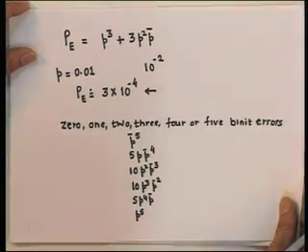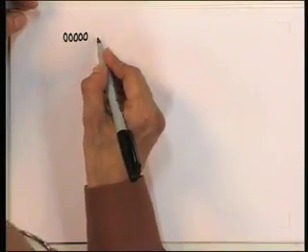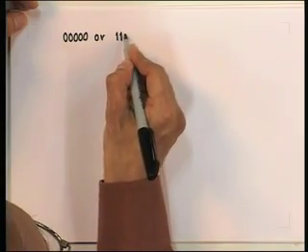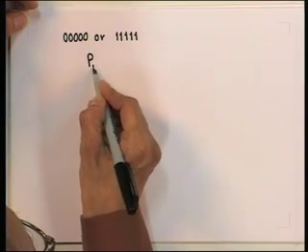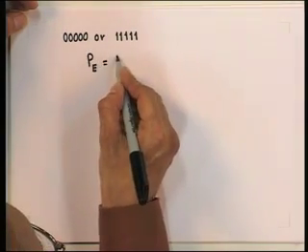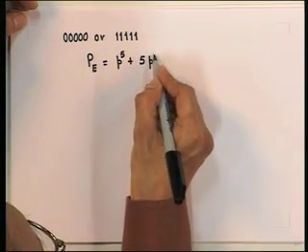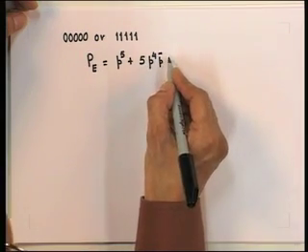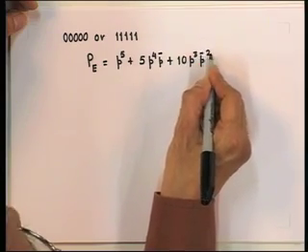If we again use a majority rule, that is the maximum likelihood decision rule, to decide whether 0 0 0 0 0 or 1 1 1 1 1 was transmitted, we obtain a probability of error P e equal to P^5 plus 5 times P^4 P bar plus 10 P cube P bar square.